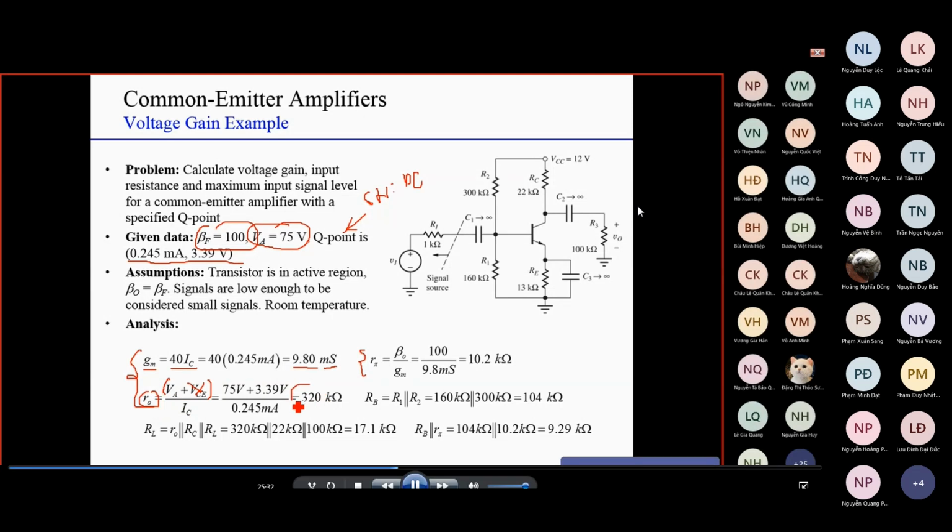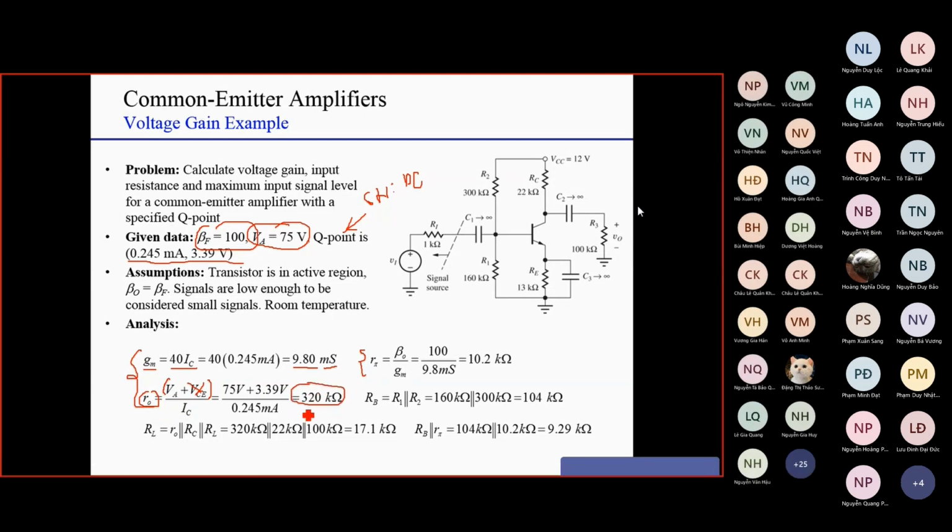You can see here R0 is very high, 300 kilo ohm. R pi is beta 0 over GM, where beta 0 is beta F, 100, and GM is 9.8 millisiemens. So you can see here R pi is 10.2 kilo ohm. RB is R1 in parallel with R2. You can calculate that here.